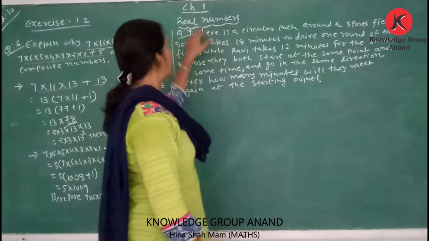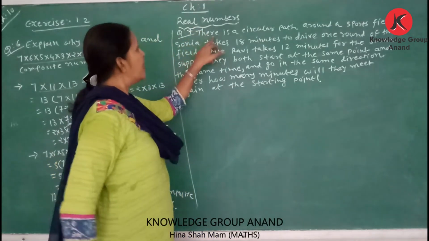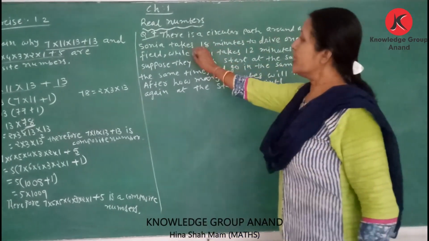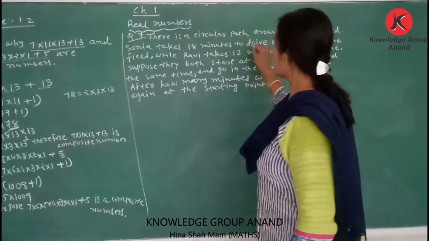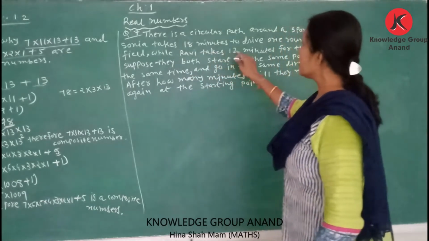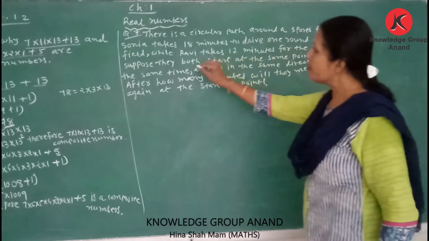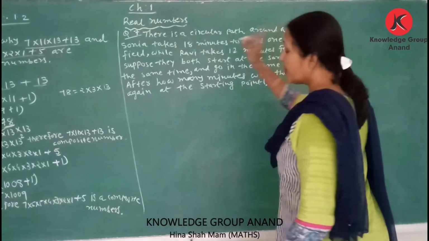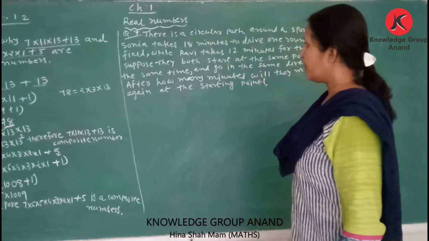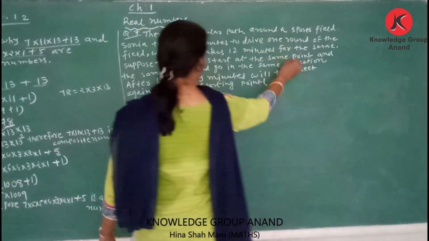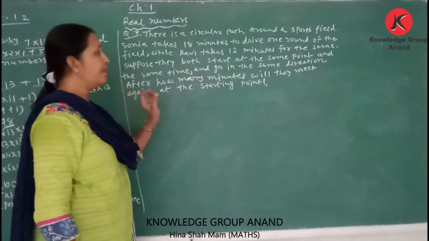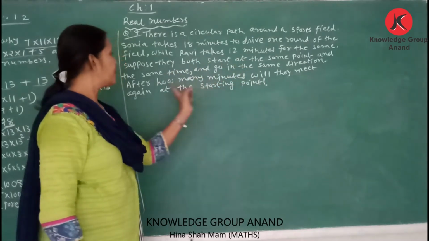Now question number 7. There is a circular path around a sports field. Sonia takes 80 minutes to drive one round of the field, while Ravi takes 12 minutes for the same. Suppose they both start at the same point at the same time and go in the same direction.